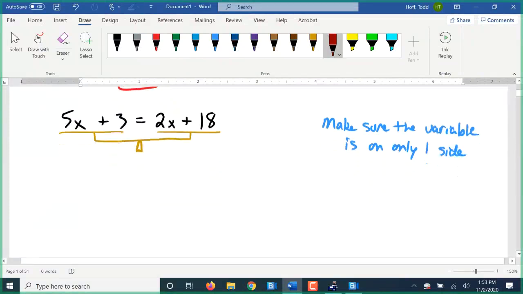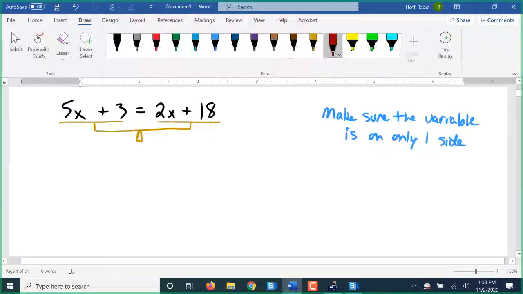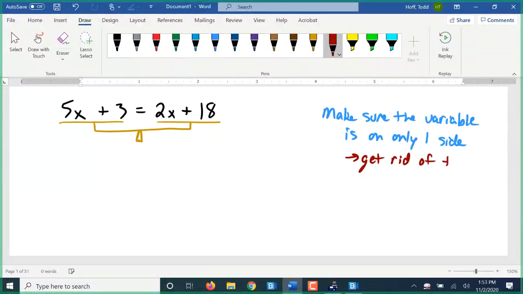Here, since the variable is on both sides, we get rid of the smallest one. So the smallest one here is the 2x. It's positive, so to get rid of it, we're going to subtract it. Minus 2x makes that go away. That'll leave us with just the 18 on the right side.